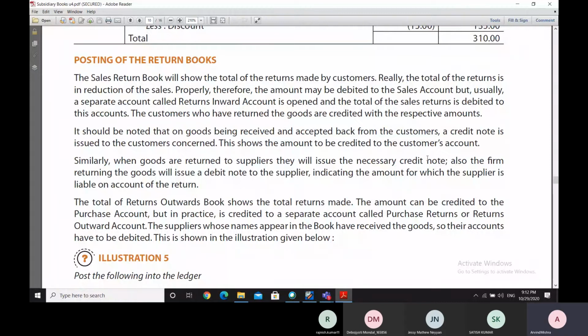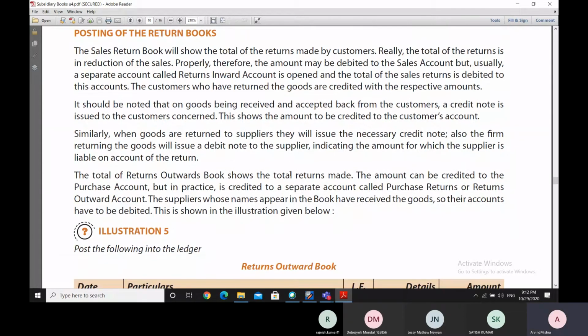So if I were the purchaser and I am returning back certain material, I will issue a debit note to the supplier, and the supplier will issue a credit note to me, which will indicate the amount for which the supplier is liable on account of the return. Because when I return back something to my supplier, then he has to pay me for it.